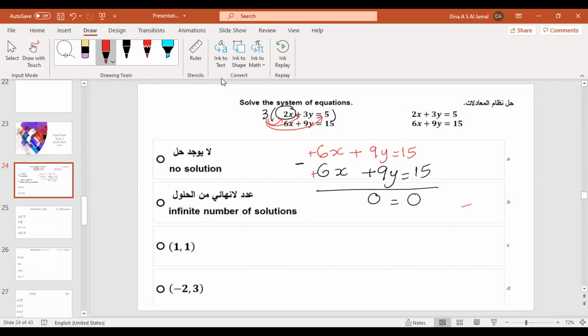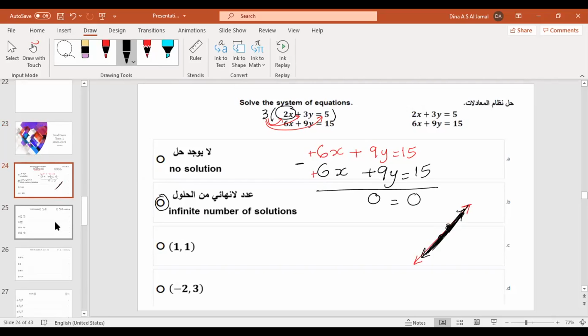That means this equation of the first line is overlapping the other line, and they have the same equation. That means you are having an infinite number of solutions. Any point you choose on this line can be a solution.